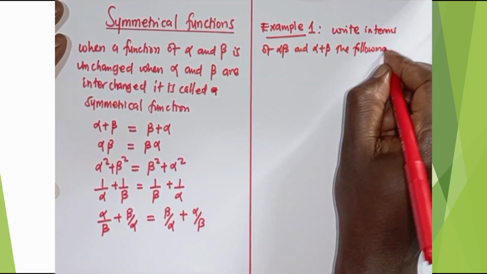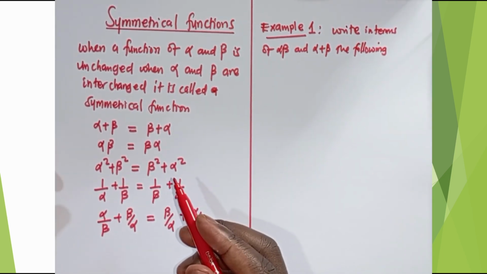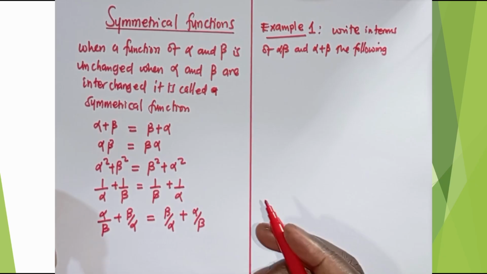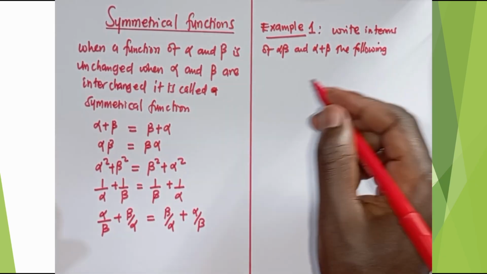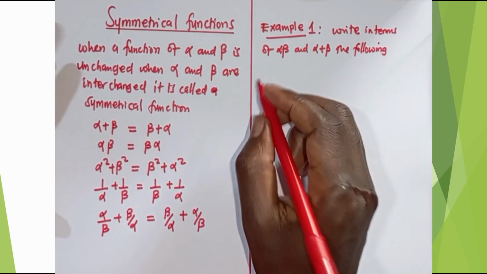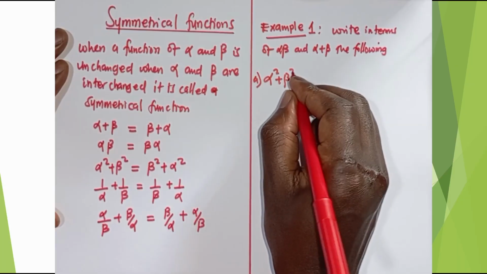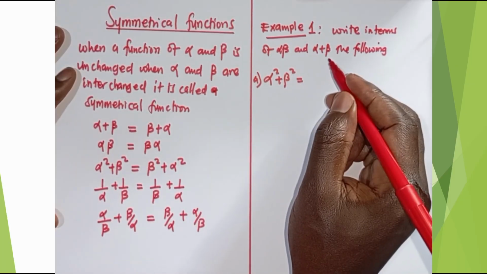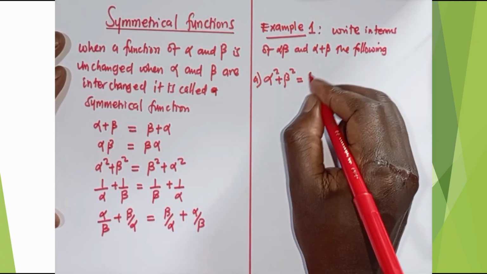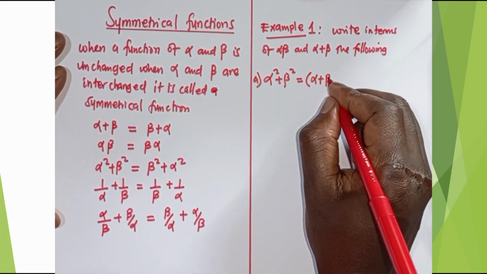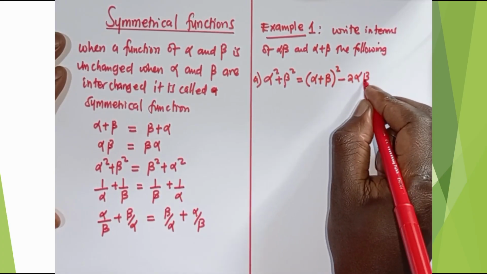Now we may know that this is a symmetrical function, but we have to know what it is in terms of alpha beta and alpha plus beta, meaning the sum and the product. For example, the first one, what is alpha square plus beta square in terms of alpha beta and alpha plus beta? This can be derived, but it is the same as alpha plus beta square minus 2 alpha beta.